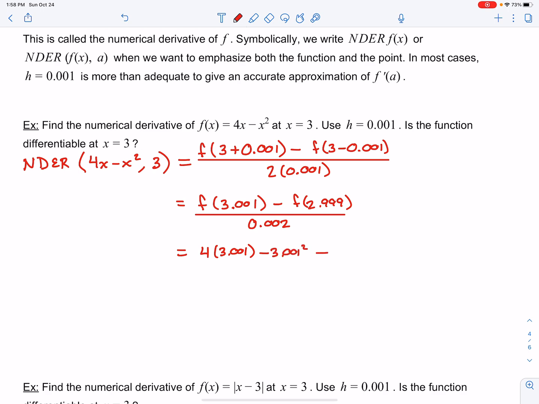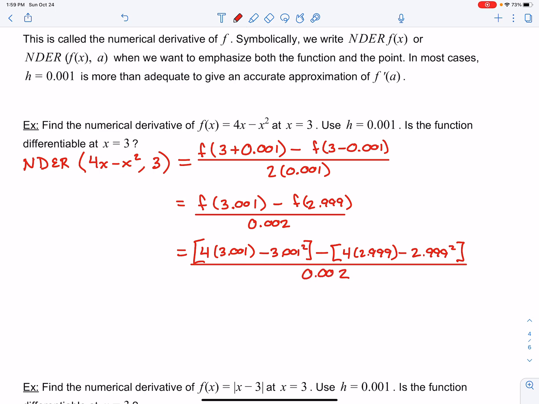And we're going to subtract from that, I'm going to put that in brackets just so we know that that's one of our functions, 4 times 2.999 minus 2.999 squared. And the whole thing is divided by 0.002. And then we just plug that into our calculator and we should get out -2.